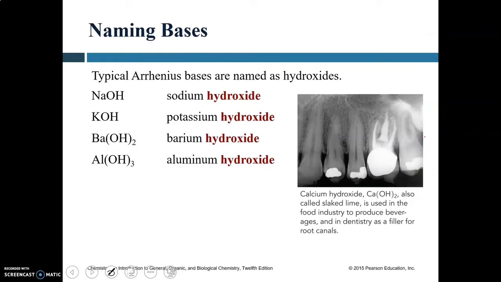Now, typical Arrhenius bases are named hydroxides, so sodium hydroxide, potassium hydroxide, barium hydroxide, aluminum hydroxide. Here you can see calcium hydroxide used as a filler in the root canals.